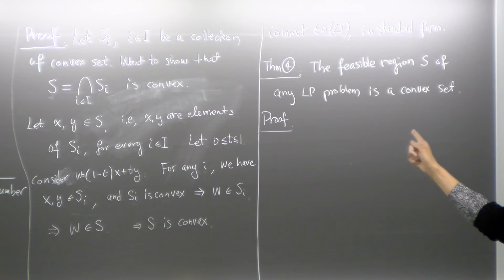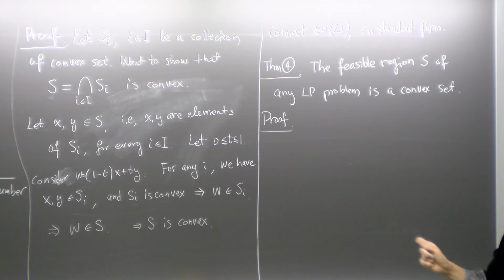So how can proposition 3 come to my rescue and make my proof simpler? Any comments? If I want to show the intersection of a bunch of sets is convex, what will make my job easy?